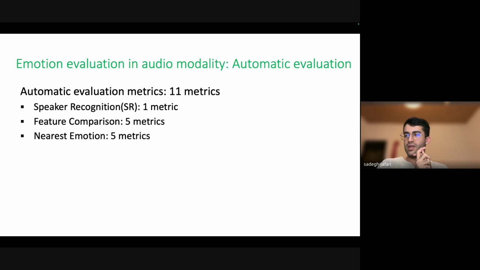For example, with seven different audios, the nearest one should be happy because the original audio was happy. If it is neutral or something else, it means we have some mistakes here. This is the idea of these metrics.